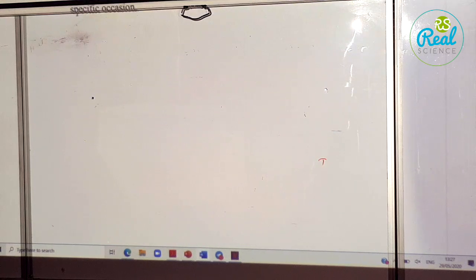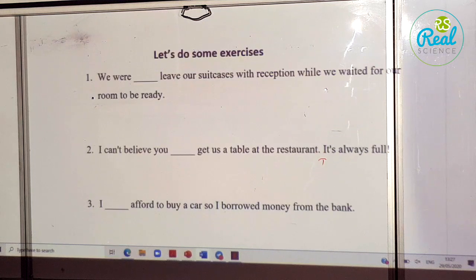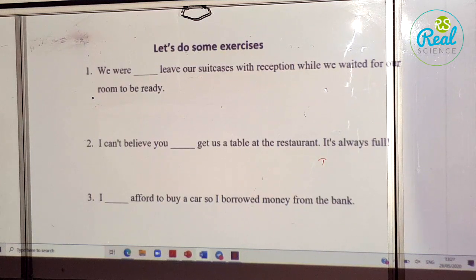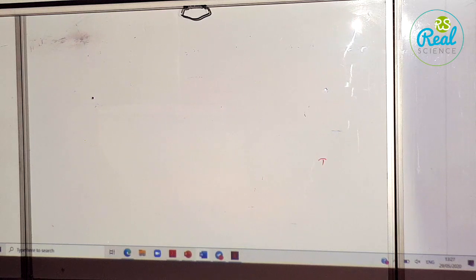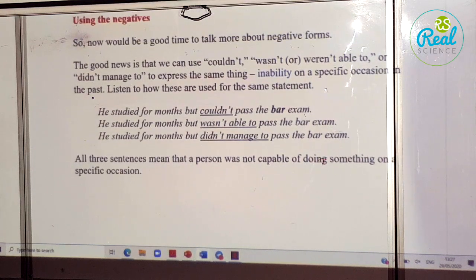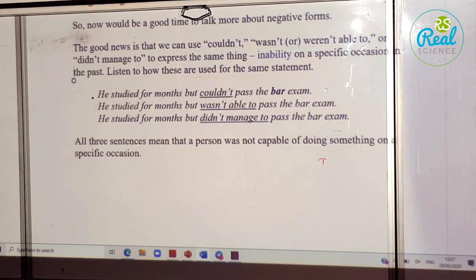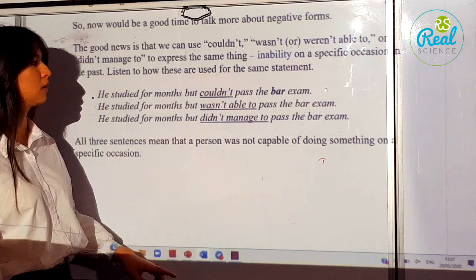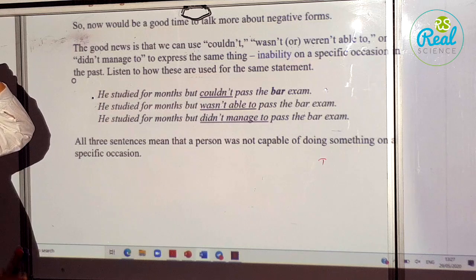Now let's move to the practical part of our lesson. Is the first sentence not a negative form of the verb? Which one? This one? First example: He studied for a month, but he couldn't pass the bar exam.